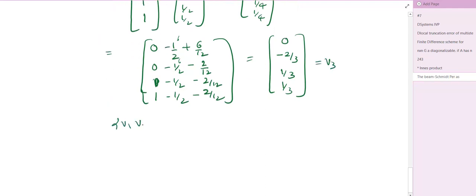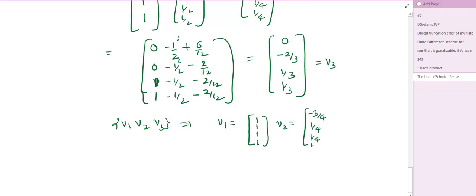So if we check, V1 is the vector which is x1 itself, that is 1, 1, 1, 1. And V2 is minus 3 by 4, 1 by 4, 1 by 4, 1 by 4. And you got V3 as 0, minus 2 by 3, 1 by 3 and 1 by 3.